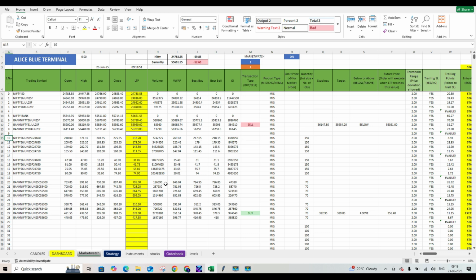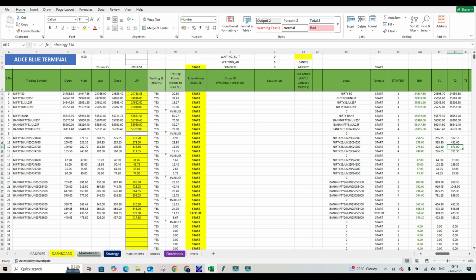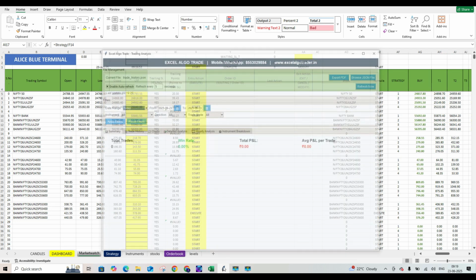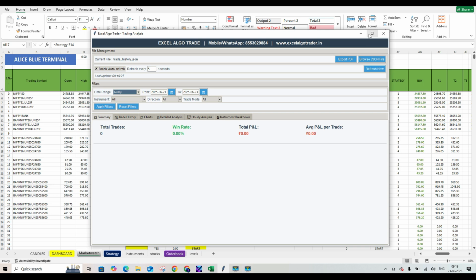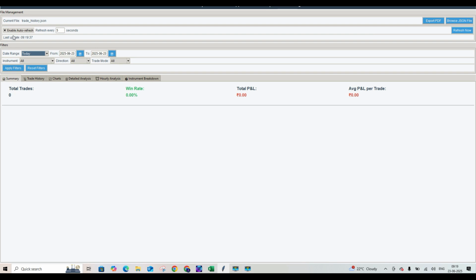Well traders, I just want to show you one more thing, and this is our Excel trading analysis sheet. Here you can see in detail. First you have to enable auto refresh, and after enabling this, set today here.